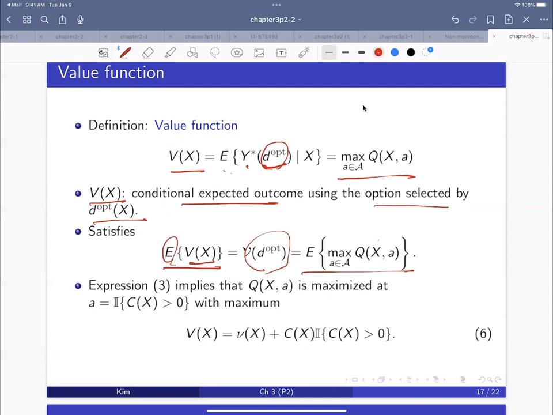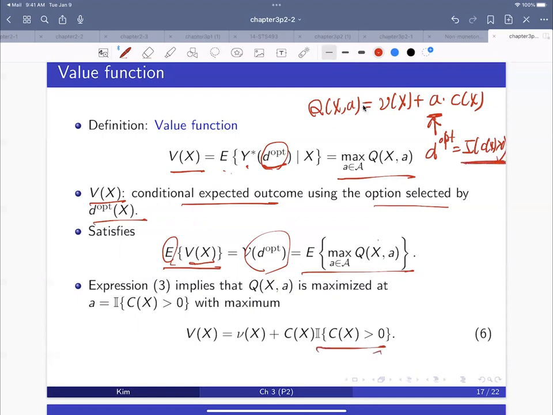So that means, on expression 3, remember this is nu(x) plus a times c(x). The best option is the optimal one, which is I(c(x) greater than 0). If you plug that in, that's the best you can do.